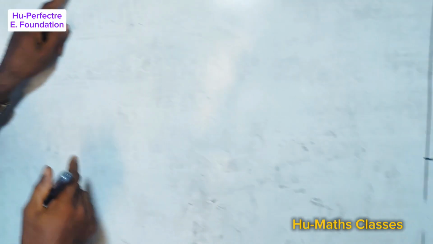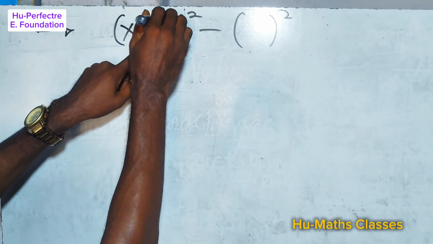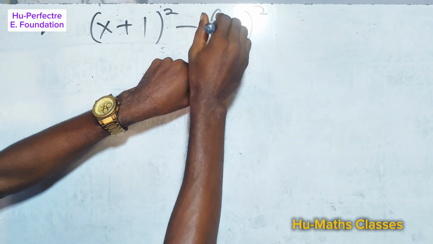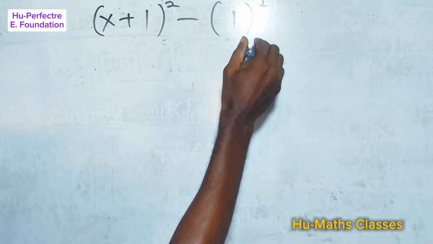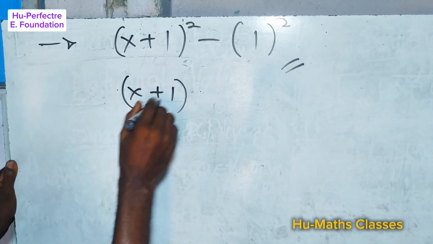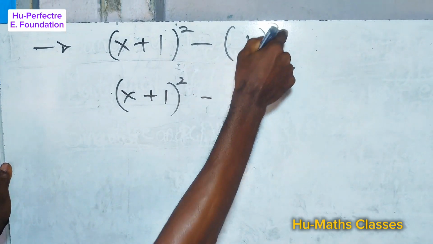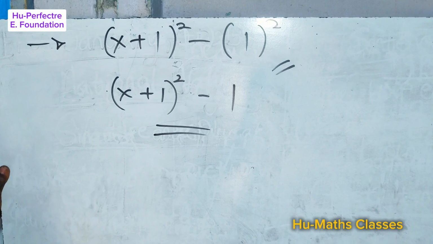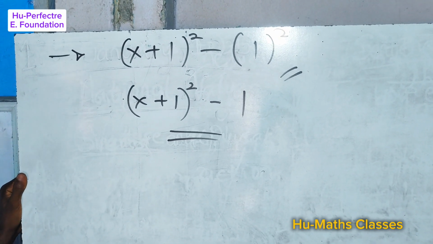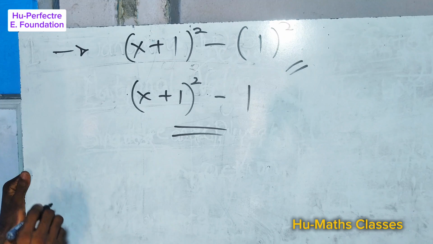So in the first bracket, you have x plus 1, and in the next bracket, you write only the coefficient of that second variable. So here is the perfect square. You can express it further as x plus 1 all raised to the power 2 minus 1 times 1, which is 1. That's the final result. Let's quickly solve another problem to help you understand better.